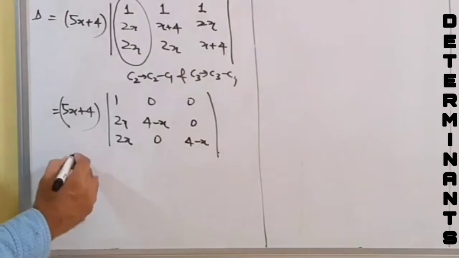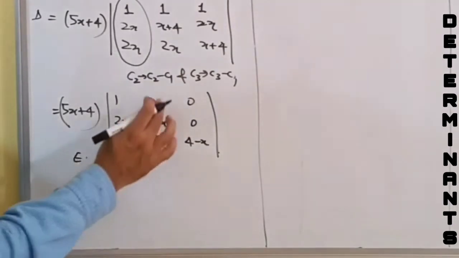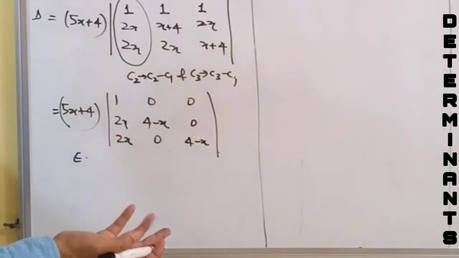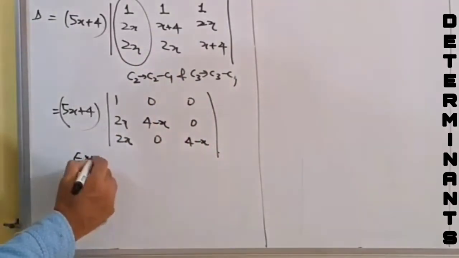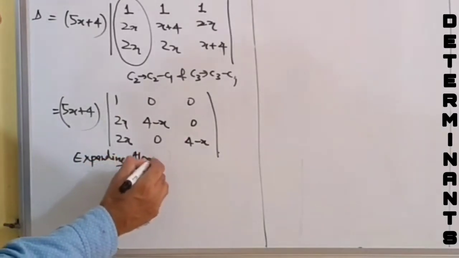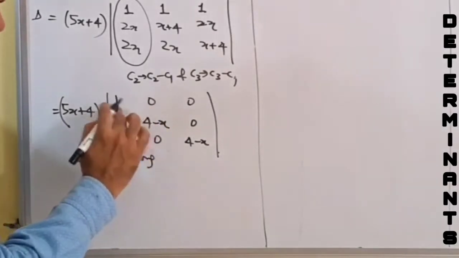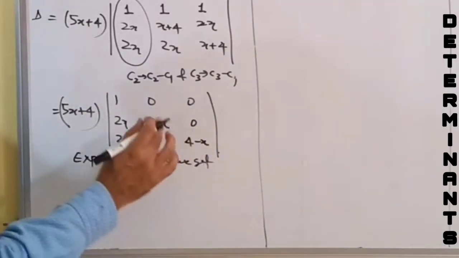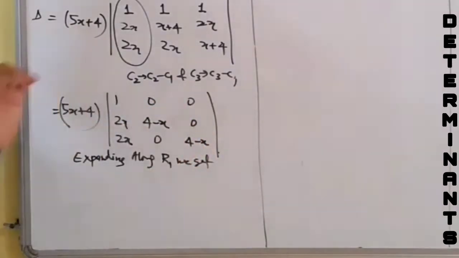Now you may take common 4 minus x from column 2 or column 3, or simply we expand. Expanding along row 1, because we have two zeros in row 1, so we expand along it.